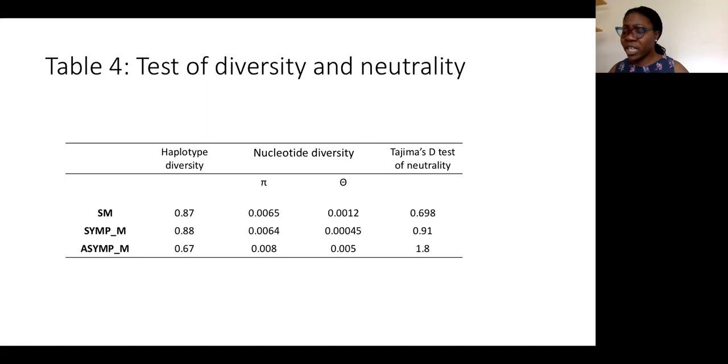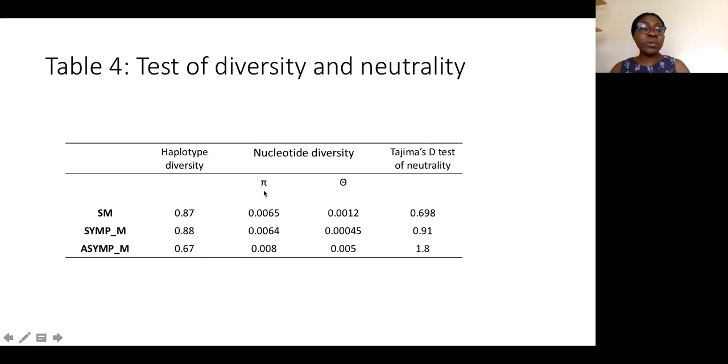We also checked if the tumor necrosis factor alpha is evolving under what we'll call a natural model of evolution. Is it just occurring naturally, or do we have some underlying genetics that is impacting on that? To do that, we used 2 test statistics, what we call the nucleotide diversity and the Tajima's D test of neutrality.